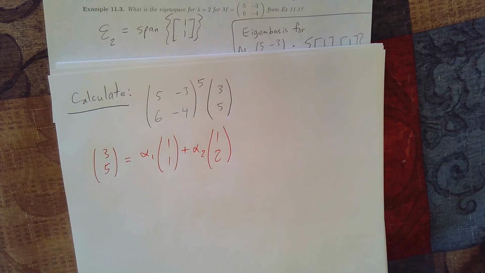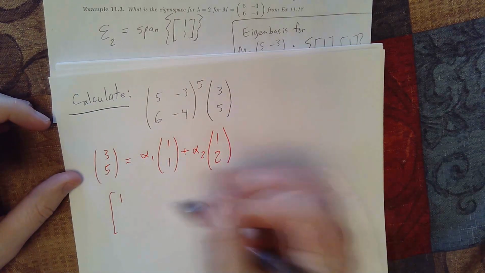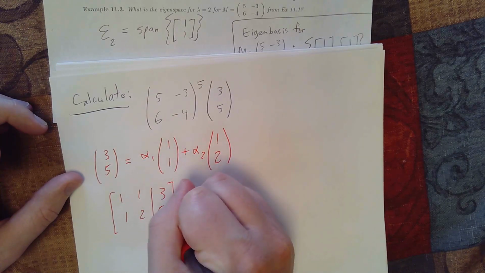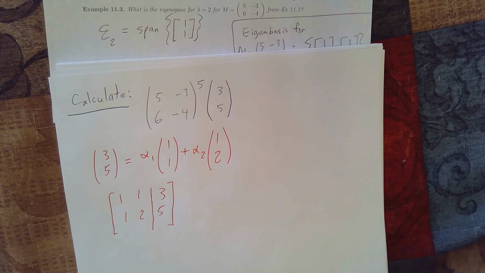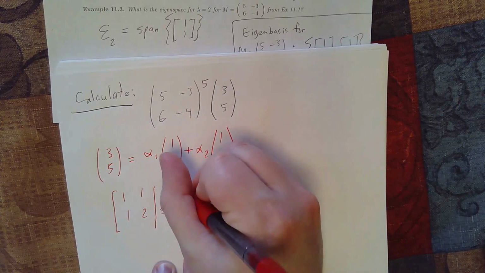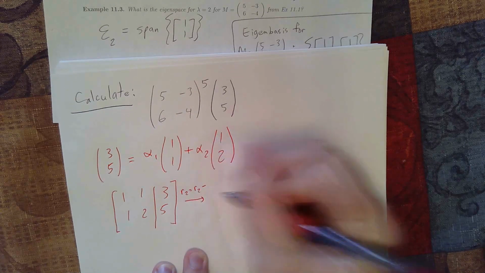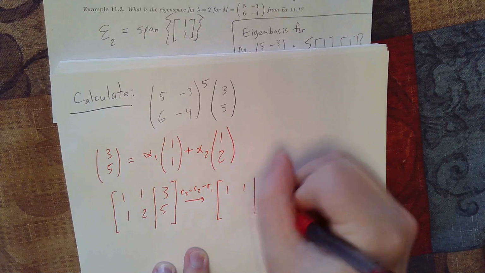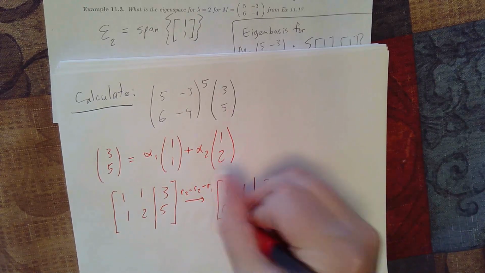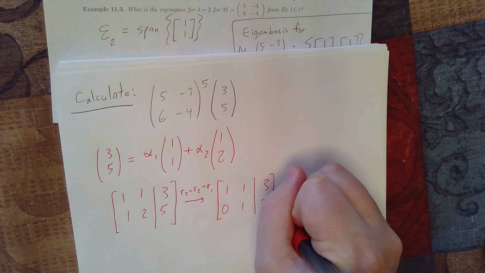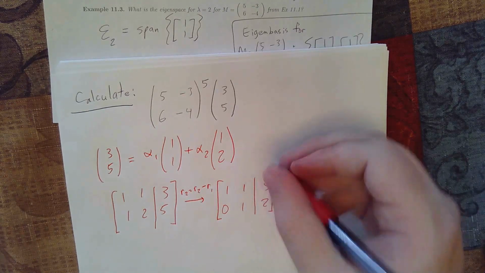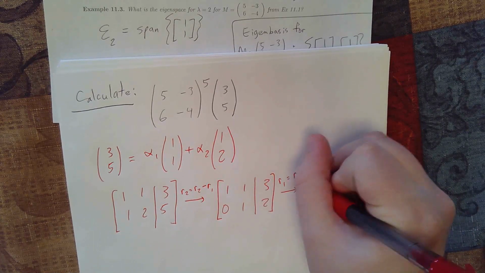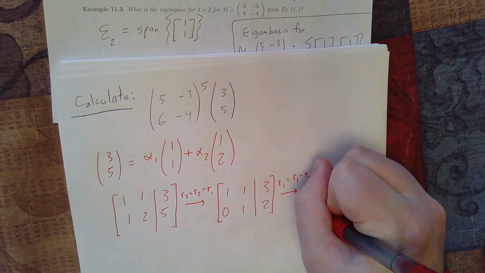And so what we do, we would set up a system of equations. So we get 1, 1, 3, 1, 2, 5. And we would take row 2 equals row 2 minus row 1. So we get 1, 1, 3, and we get 0, 1, 2. And then we would take row 1 and set it equal to row 1 minus row 2.